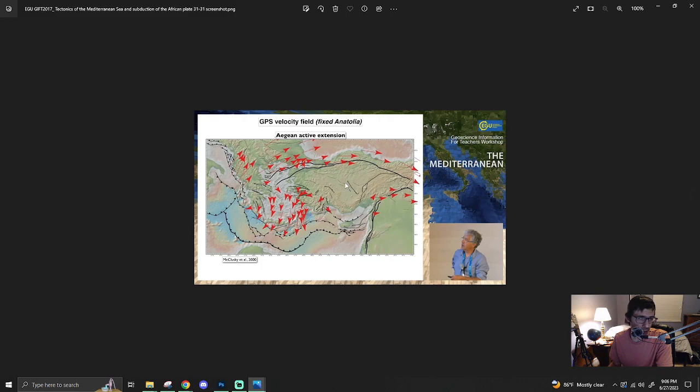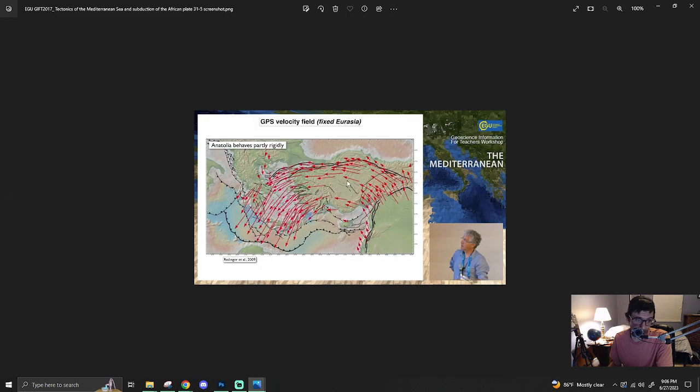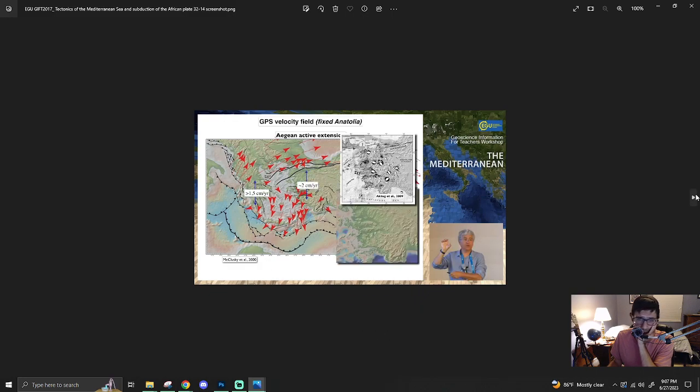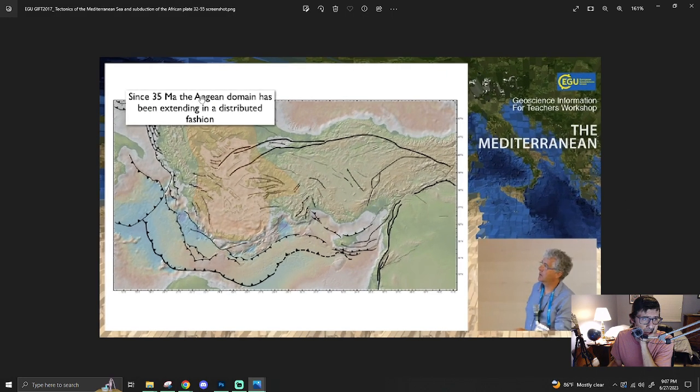Relative to this, it's moving about the same as Anatolia in the direction Anatolia is moving, but it's also moving down this much. I wonder if there's some eddy there of note.